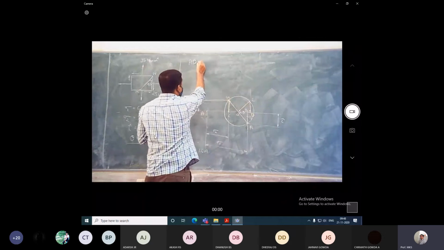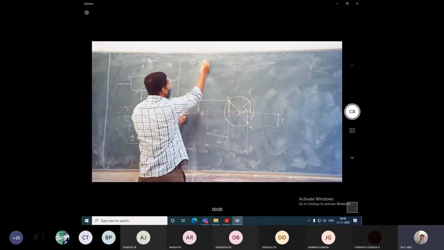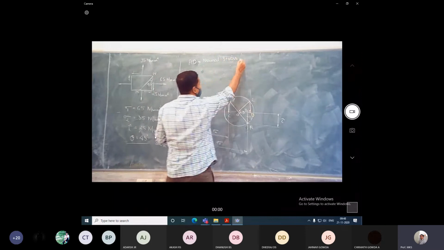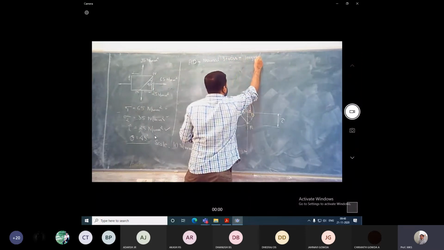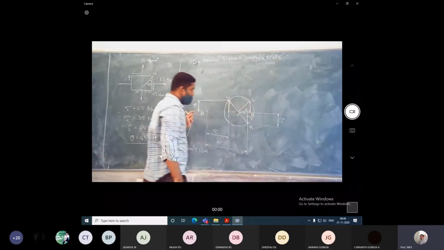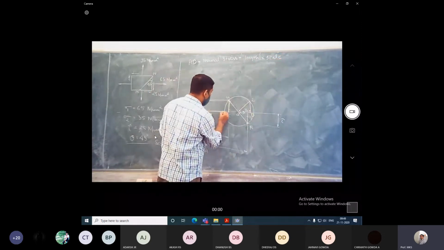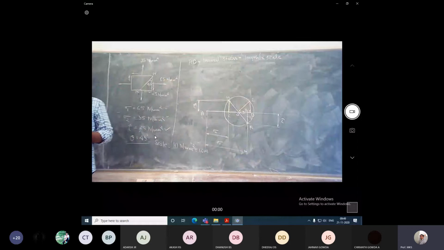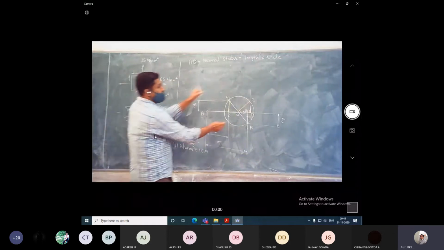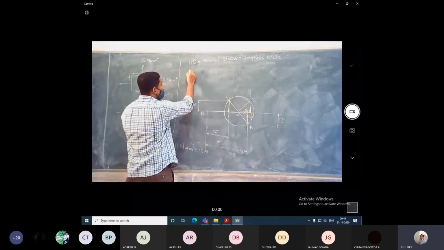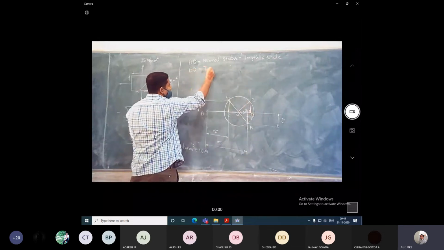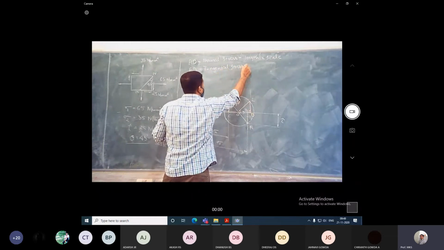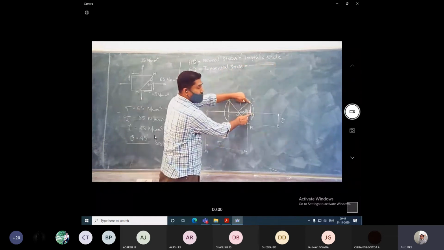The length AD, if you measure it with the suitable scale you have taken, will give you the normal stress. And if you measure E to D, that is the tangential stress, the length times the scale.